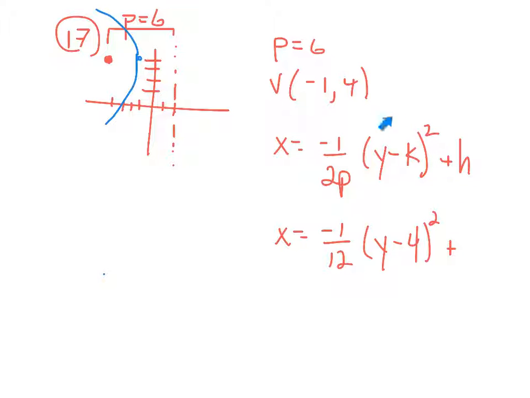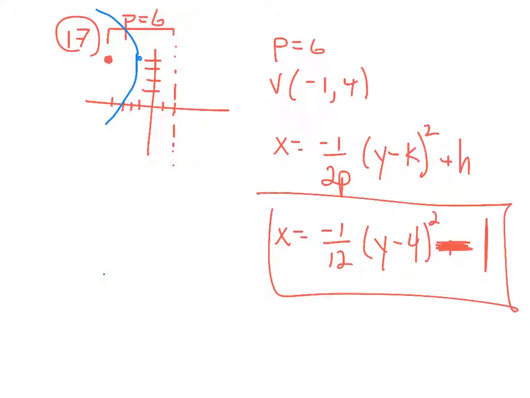Now I go look, my x value is -1. I don't change the sign. So this is a -1, so this is going to be a -1. The only time we change the sign is when it's inside parentheses. Okay, so I'm going to have a -1 right here, which means I need to make that a -1. There you go. That's the equation.